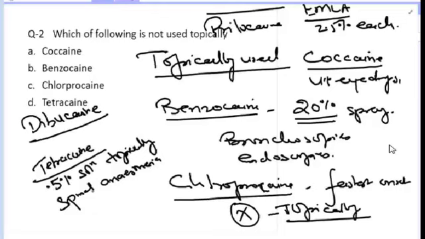Now, what about a few points regarding lignocaine? Lignocaine is the most commonly used local anesthetic.